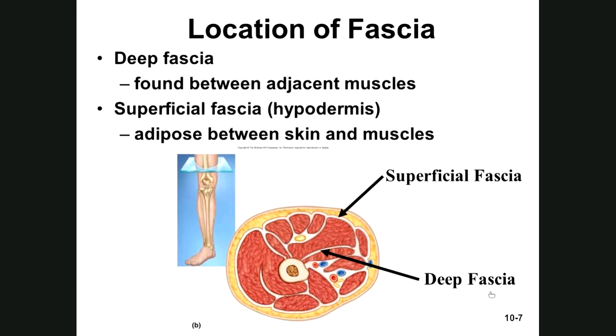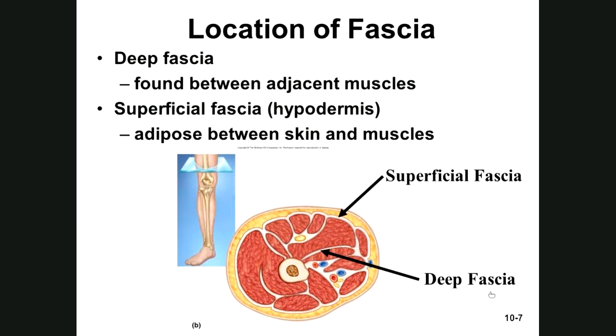For example, in your upper limb, I don't know if you studied this part in your lab manual or not. In your arm, you have triceps brachii, biceps brachii, brachialis and brachioradialis.